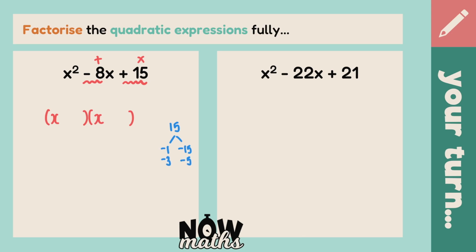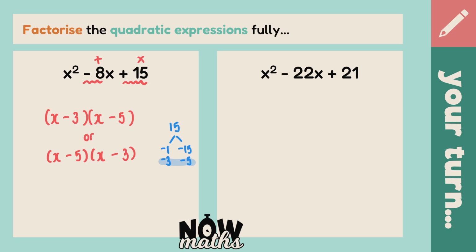Out of the two, the pair that add to give negative 8 is going to be negative 3 and negative 5. So in the ends of our brackets, we will have negative 3 in one and negative 5 in the other. And as always, the brackets can go in either order, so either answer on screen is correct.